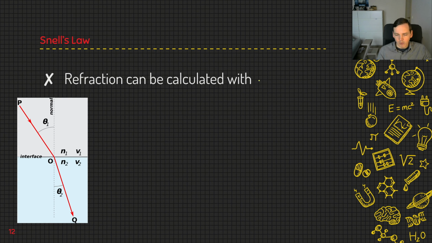Refraction can be calculated with Snell's law, which states that the index of refraction in one medium times the sine of the angle that it's traveling at in that medium should equal the index of refraction in the second medium times the sine of the angle in the second medium.